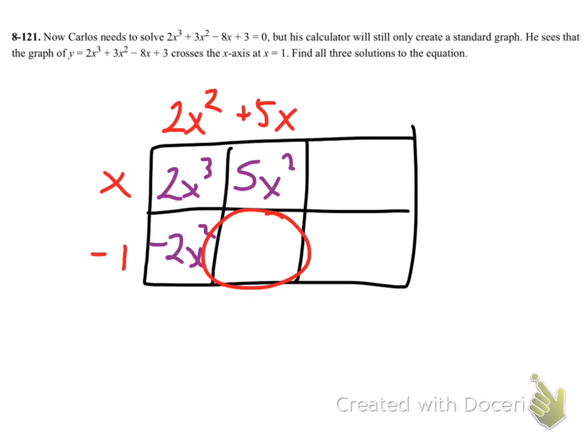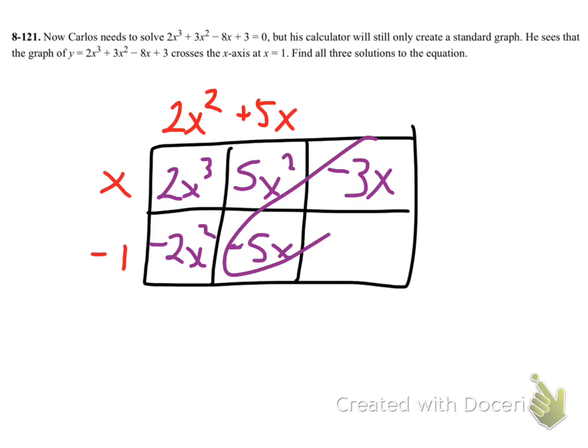Once again, I can now multiply to get this box right here, so I'm going to get a negative 5x. Continue the process with these two here, and they have to add up to a negative 8x, so this has to be a negative 3x. Negative 3x plus 5x will give me my negative 8x.